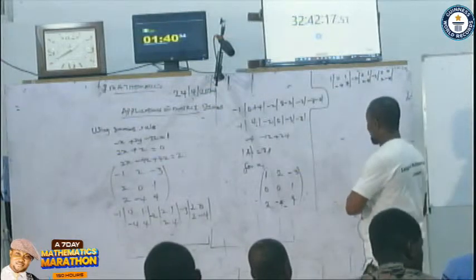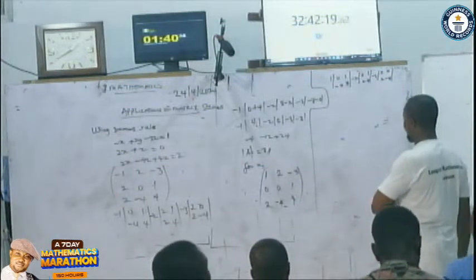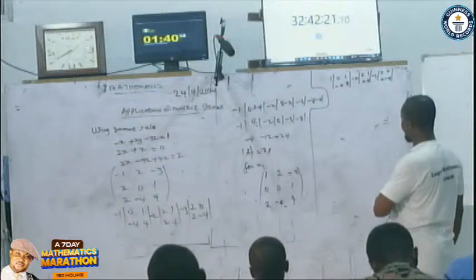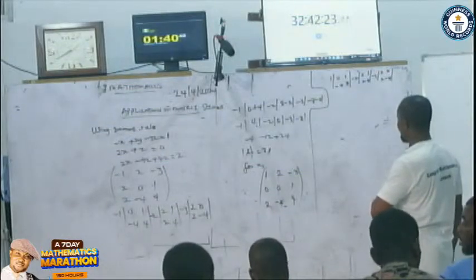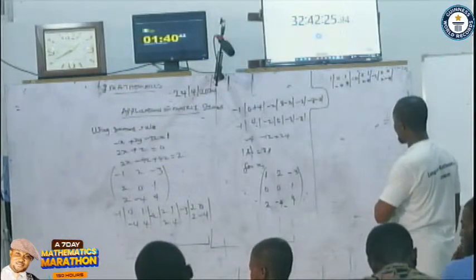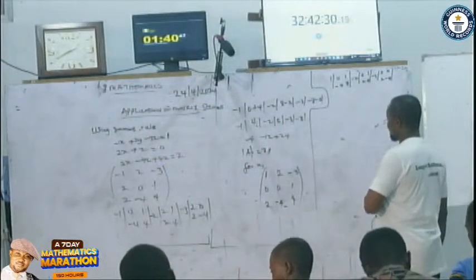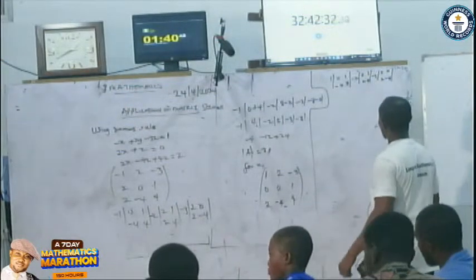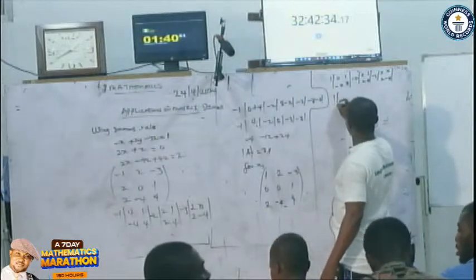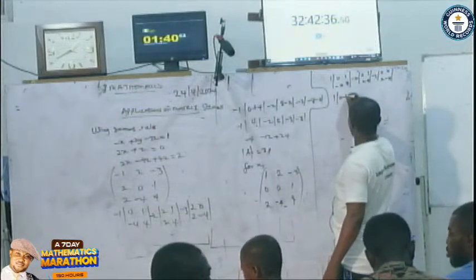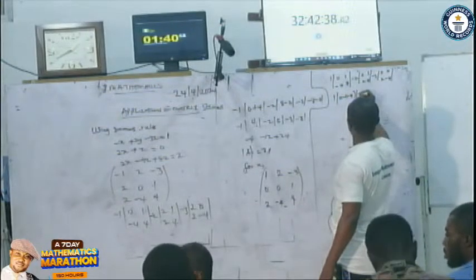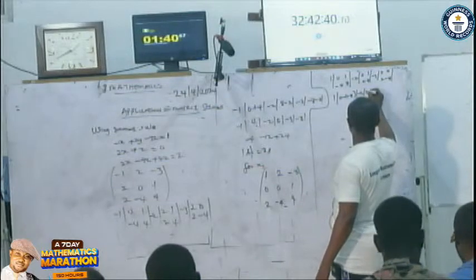So you now take 1, 0, 1, minus 4, 4, take minus 2, 0, 0, 1, 2. Now take minus 3, 0, 0, 2, 4. So from that point you have 0 minus minus 4, minus 2 in the one, 0, minus 2.